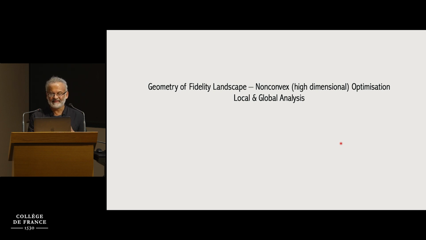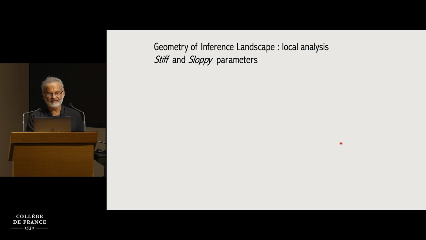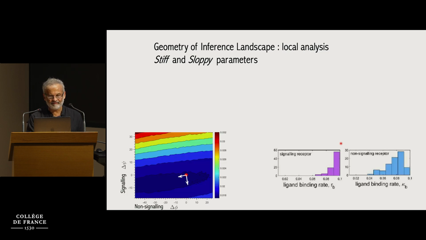So to do this, we studied the geometry of this inference landscape, and I'll take the information decoding problem as an example. Okay, so the way we do it is to go to the global minimum and construct the Hessian, or the curvature, of that global minimum.